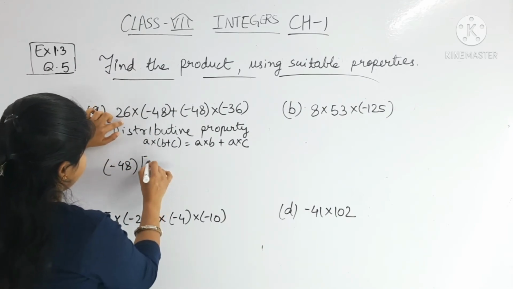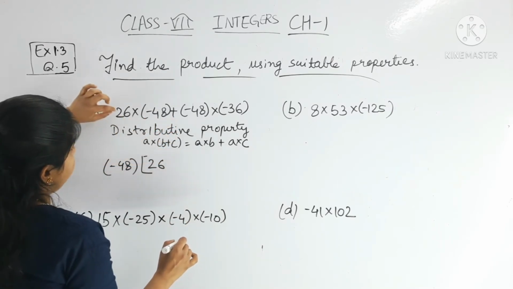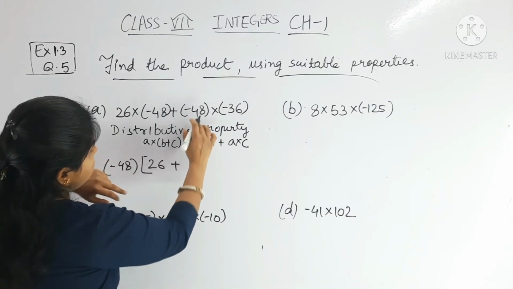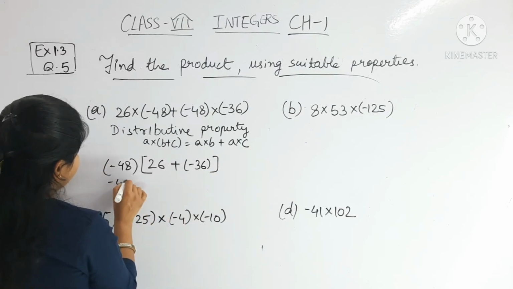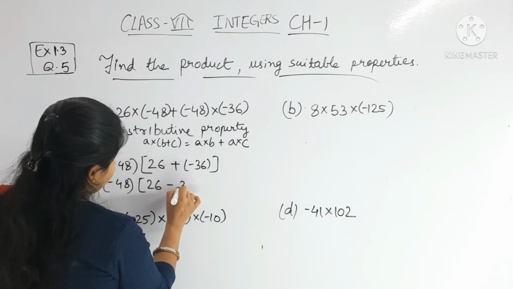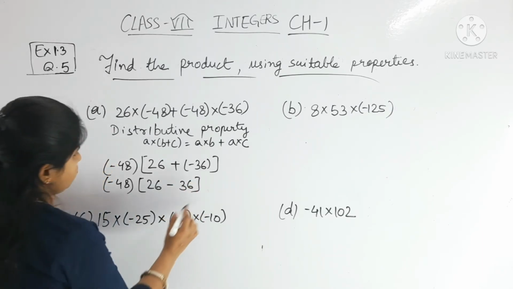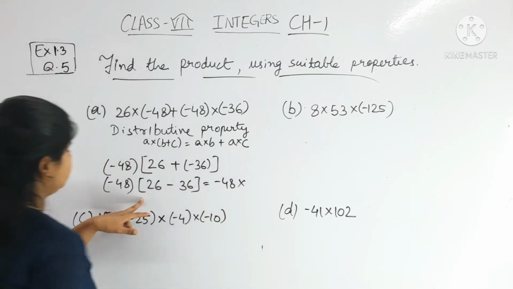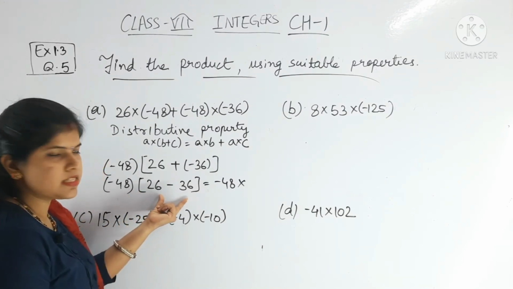Then if we take it common, what is left is 26, then plus minus 36. So we get minus 48 into, this bracket means multiplication, 26 minus 36.